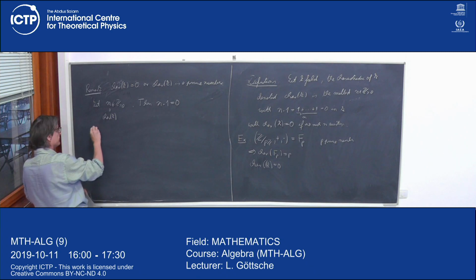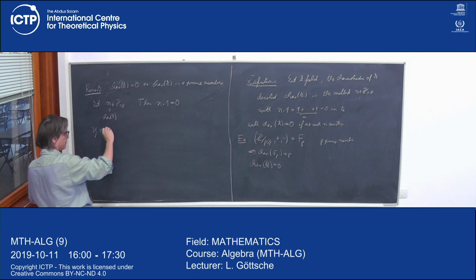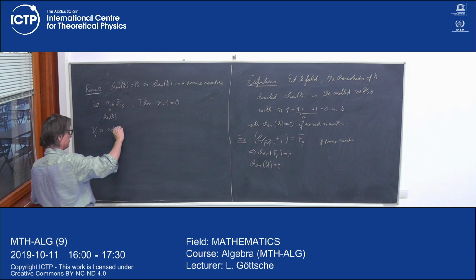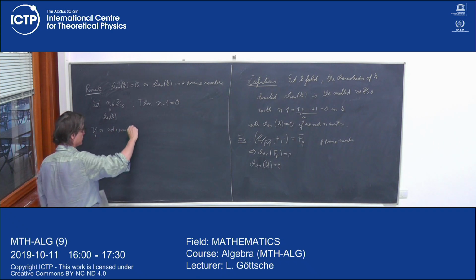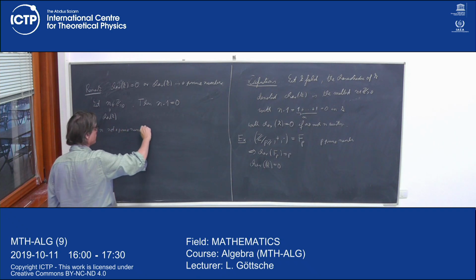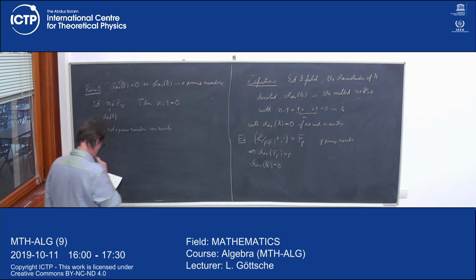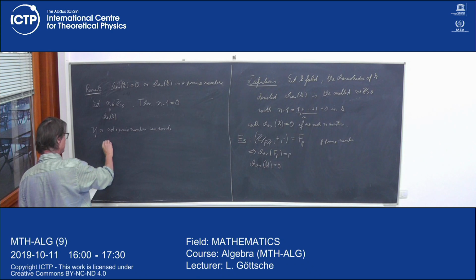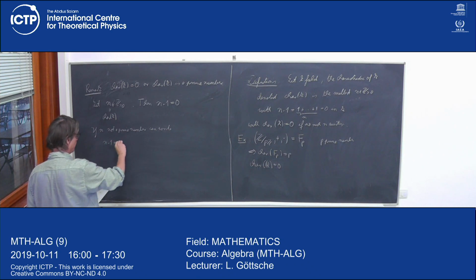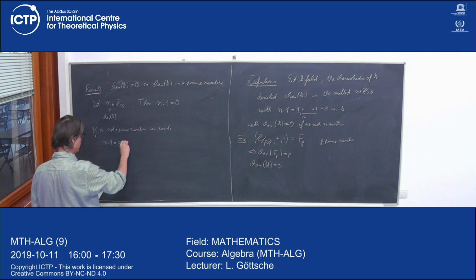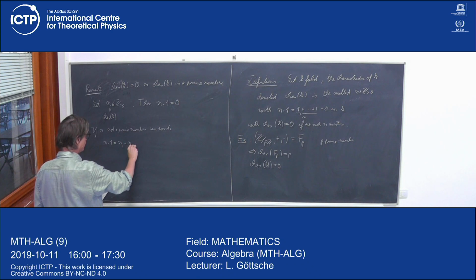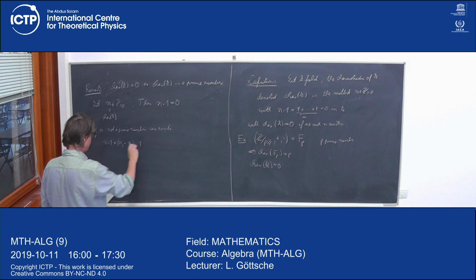So if n is not a prime number, we can write n times 1 equal to n1 times n2 times 1.